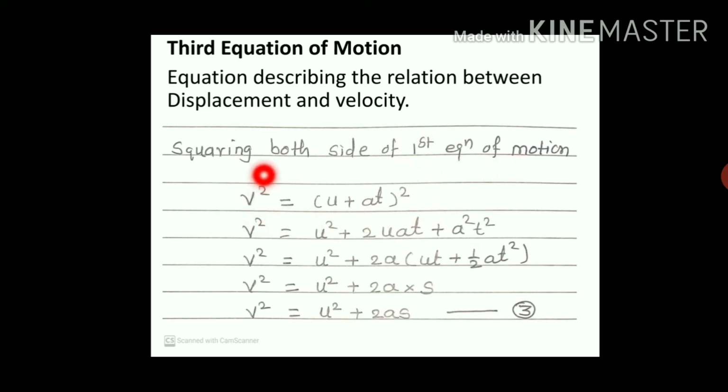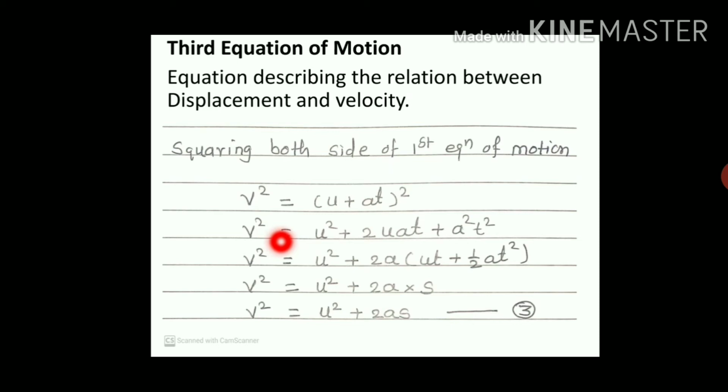First equation is what? v is equal to u plus at, and therefore v square is equal to u plus at whole square.